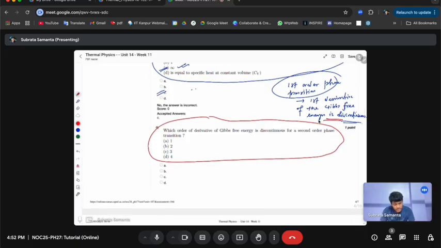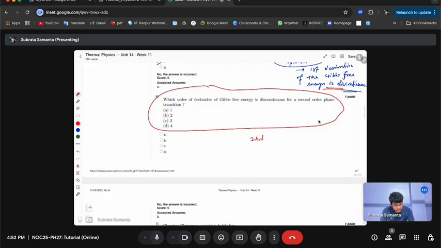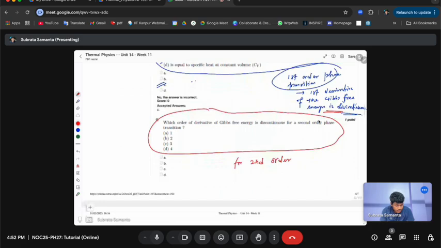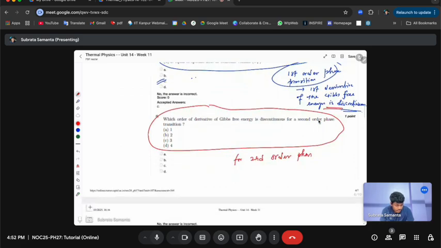For the second order phase transition, the second derivative of the Gibbs free energy is discontinuous, right?